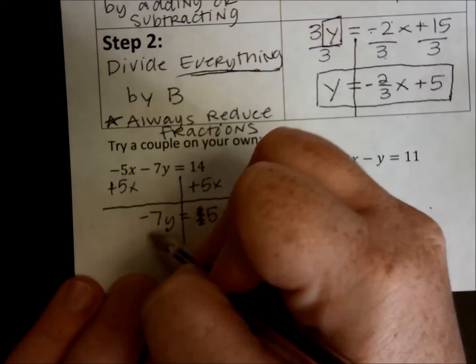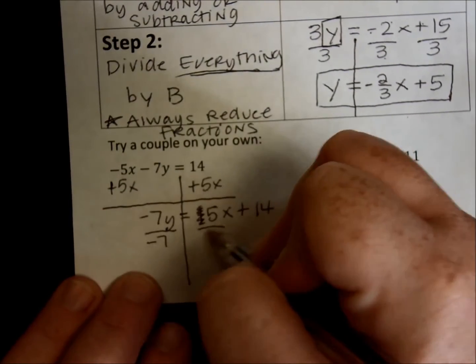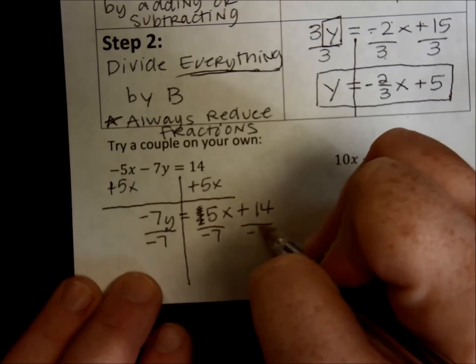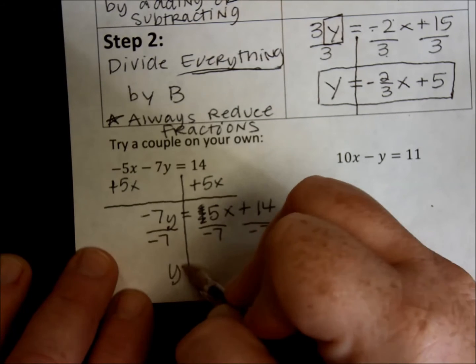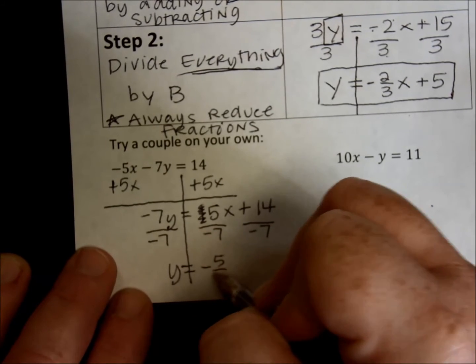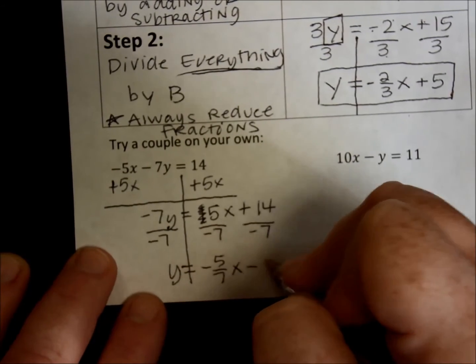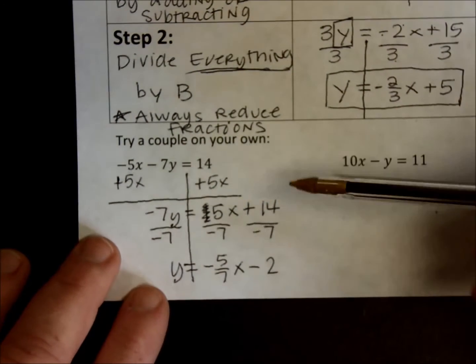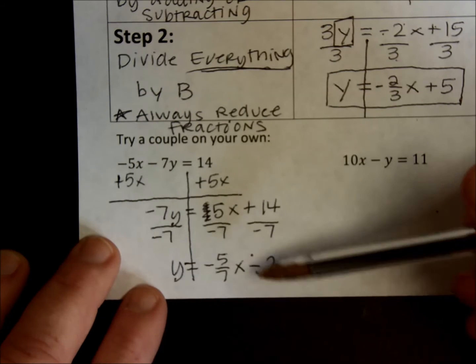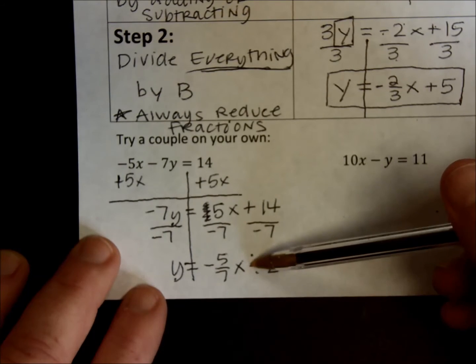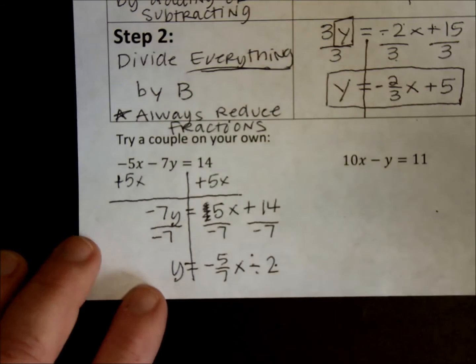My next step would be to divide by negative 7. So when I simplify everything, I have y equals negative 5 over 7x minus 2. If you put plus a negative 2, that would have been right, but we know that we can simplify that to be just minus 2.